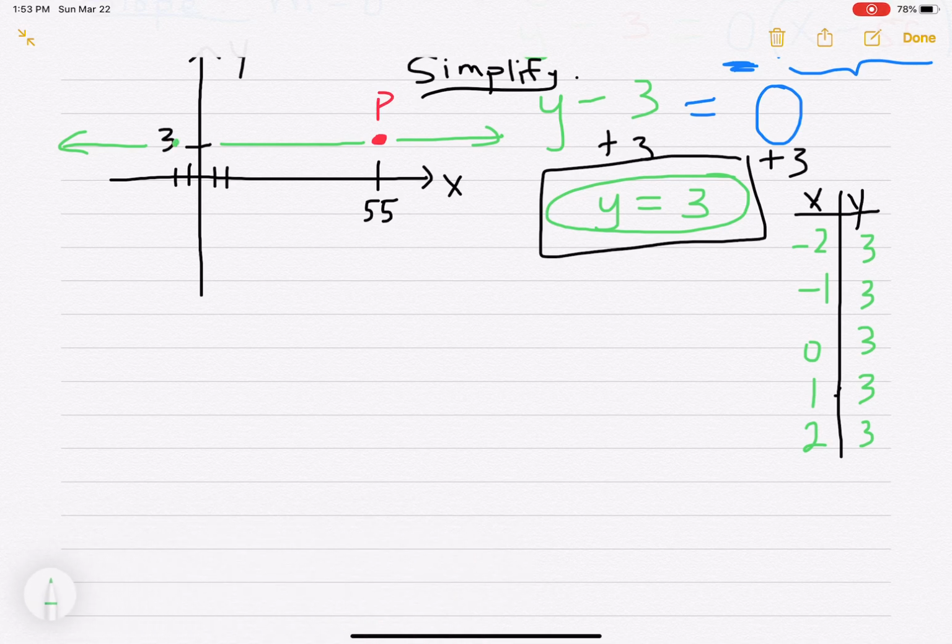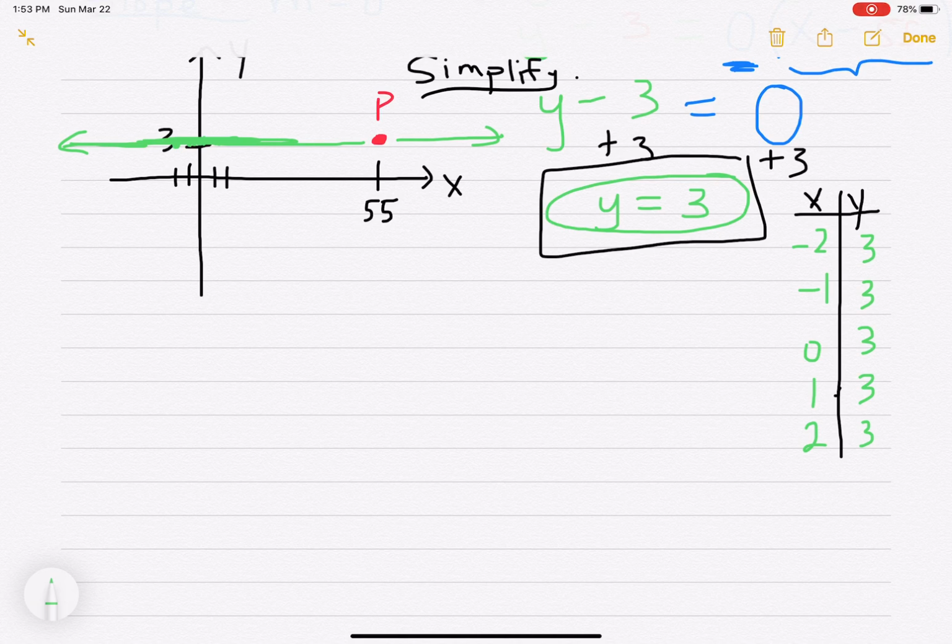That would be right here. (-1, 3) would be here. (0, 3) would be here. (1, 3) would be here. (2, 3) would be here. So notice that all these dots are lining up into our horizontal line. So that's another way to think about it in terms of x-y values, a table of values.